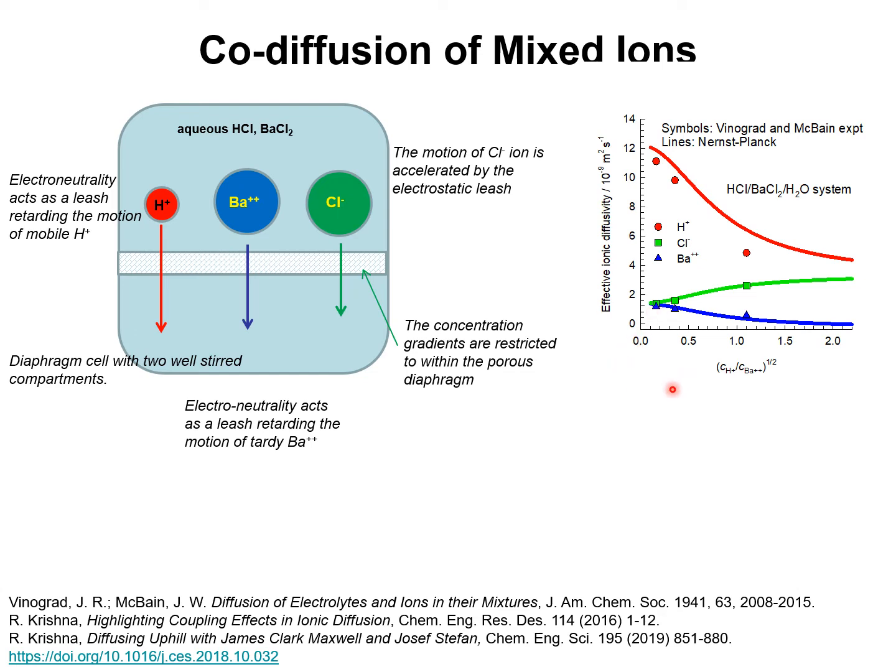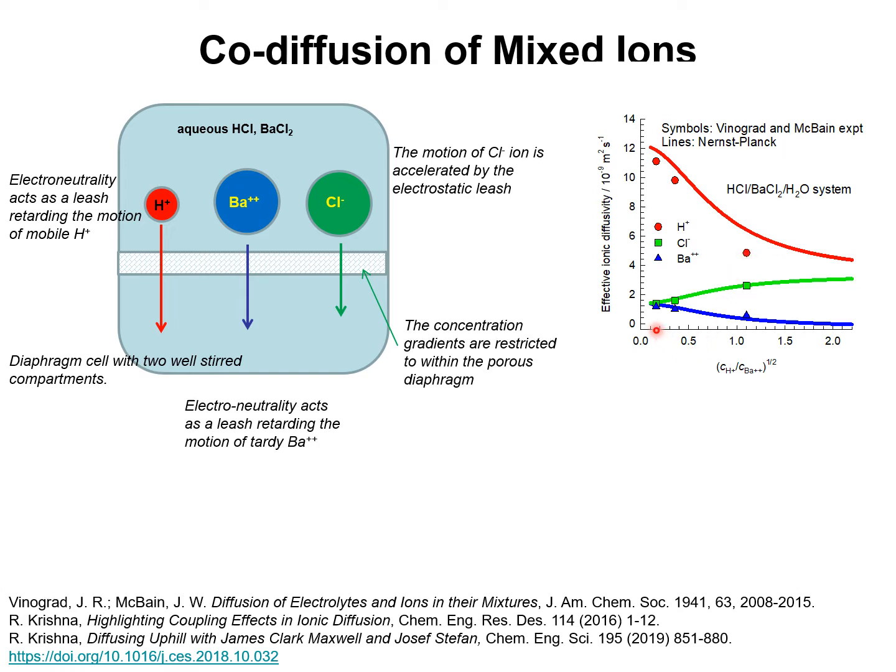But we note that as the ratio of the concentration of hydrogen chloride to barium chloride is increased, the ionic diffusivity of hydrogen determined in the experiments is significantly lowered.